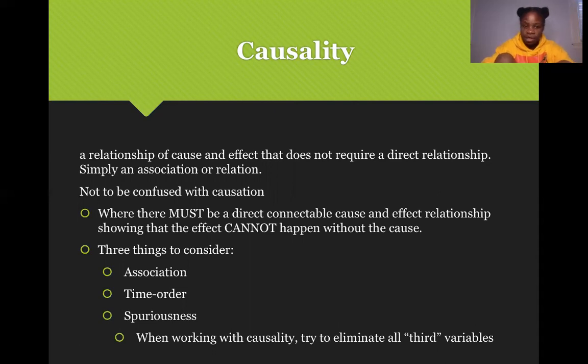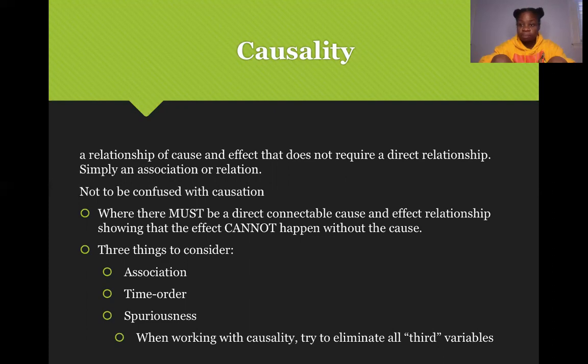So when considering causality, so cause and effect relationships, think about how these variables are related. Think about time order, right? Do these things happen in a specific way, a specific pattern, a specific order?